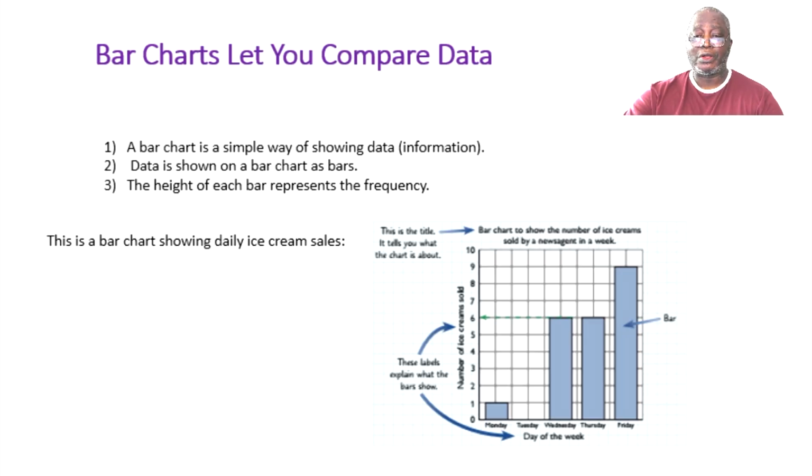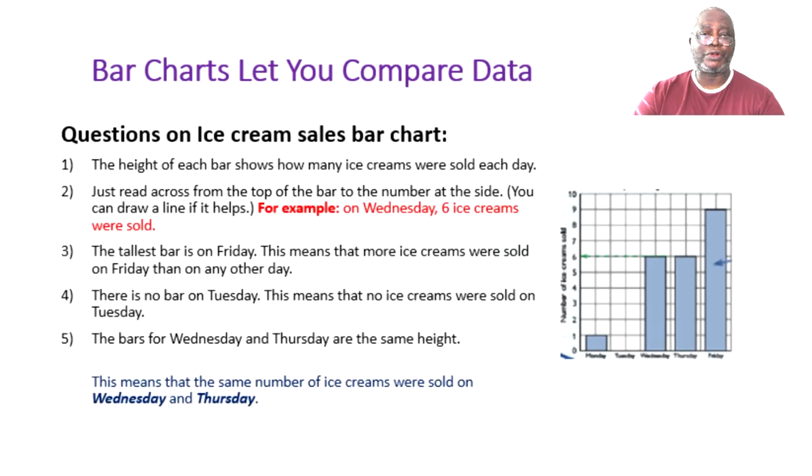What do you have on Friday? You have 9 sales. So it shows that we're approaching the weekend and all the children are after school and they've gone to the park or to the beach or to the cinema where they eat a lot of ice cream. Yummy. Questions on the ice cream sales bar chart.